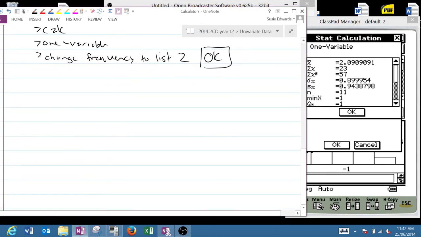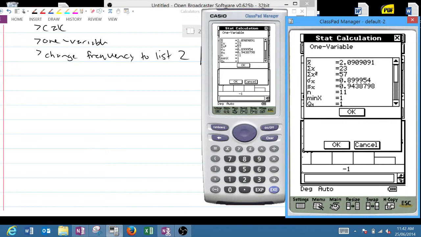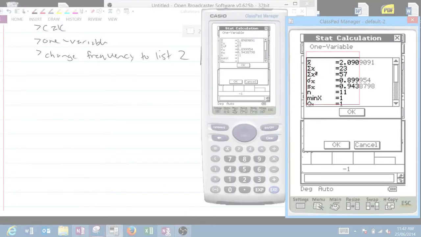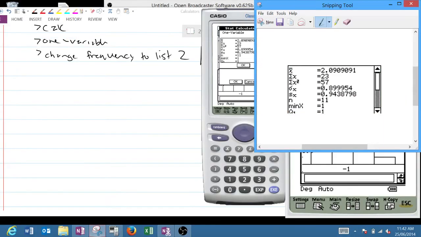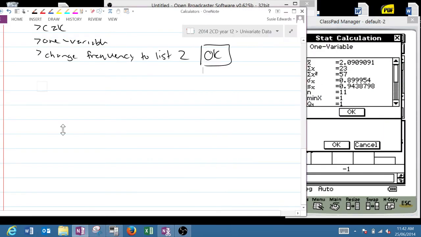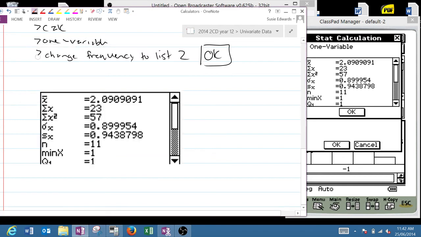But we need to know what each bit means, so there's a few different symbols we need to know about. So we'll just start with this section. Alright, what does the X with the line mean? Mean, not average, it's the mean. The mean is a type of average. Okay, what does this sign mean?